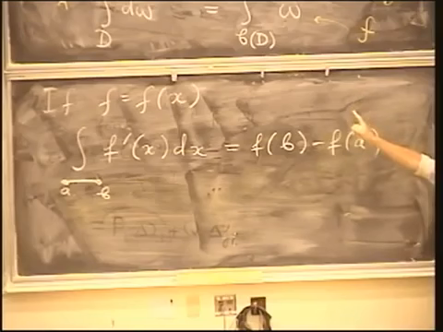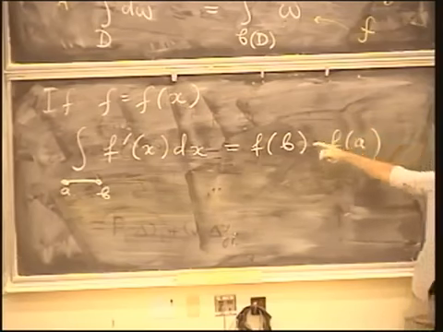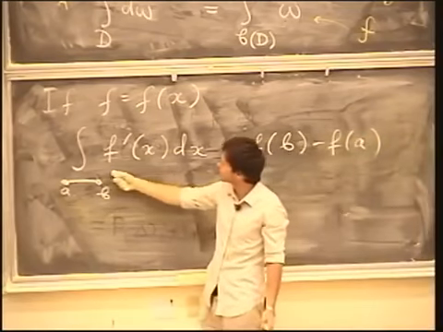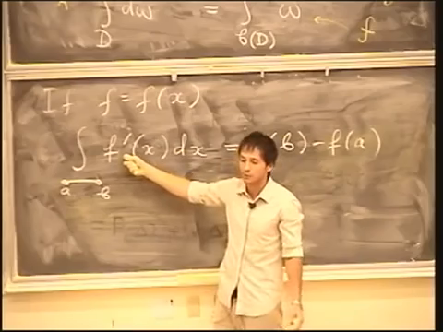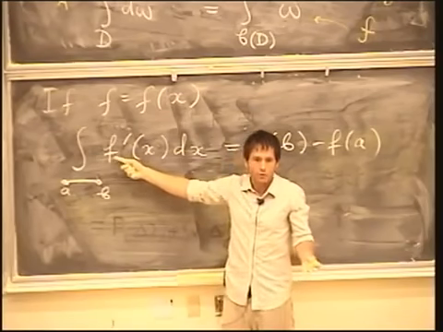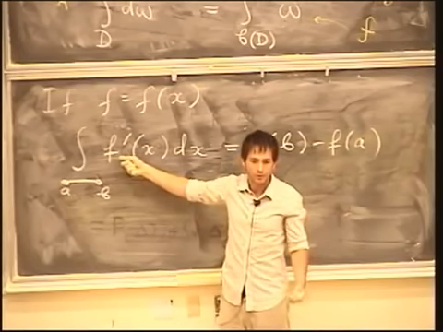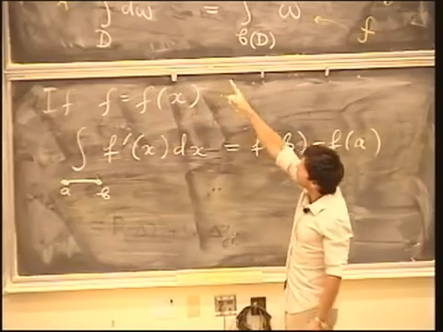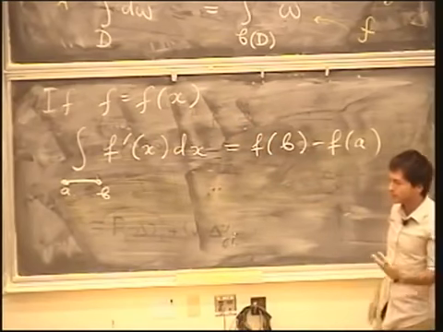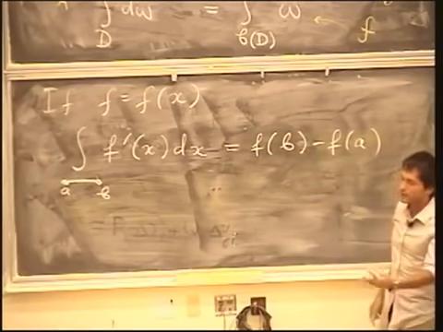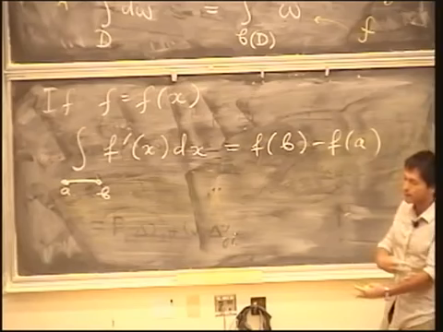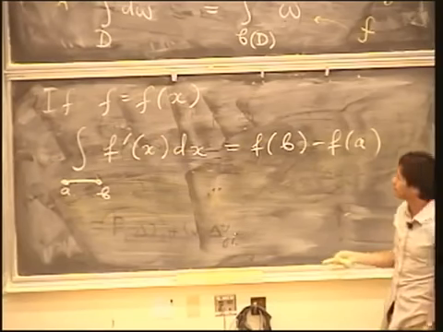There's a clear analogy between the two formulas. In both cases, on the left, we have a single integral of something which is a derivative. Here is a function in one variable, so there's only one derivative. Here, we have a function in two variables, so there isn't a single derivative, but there is a gradient. And what we can do is take the line integral of the gradient vector field.